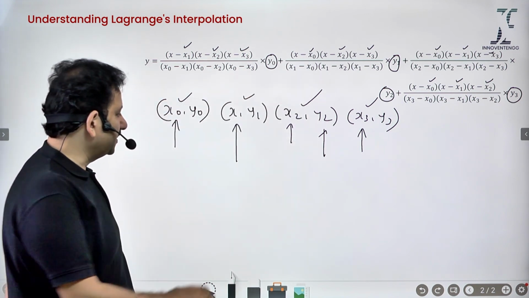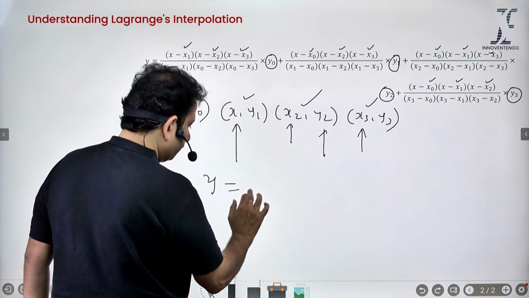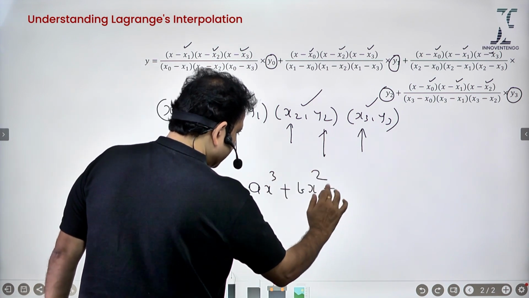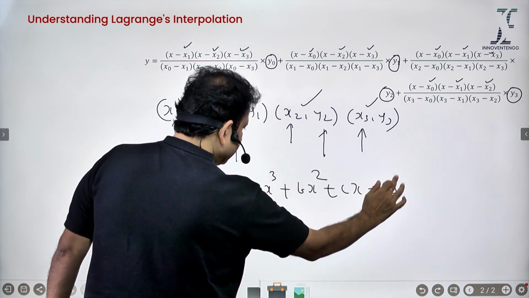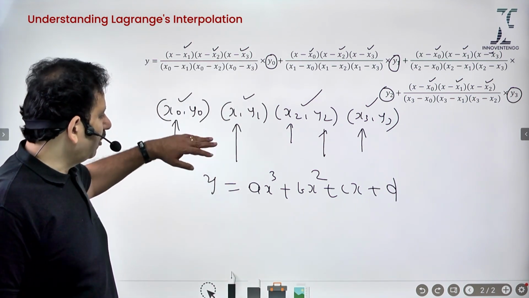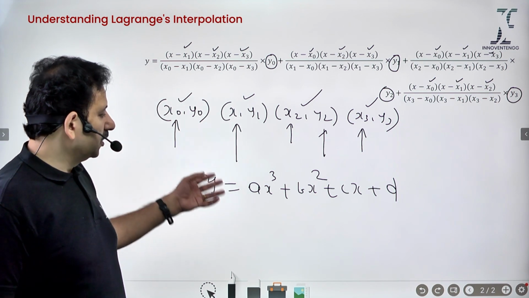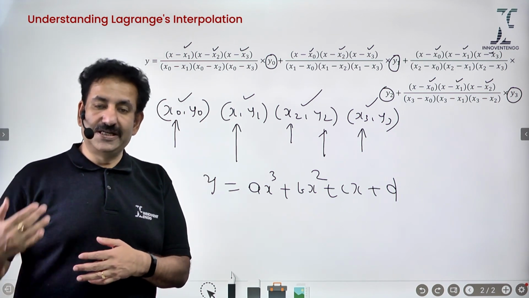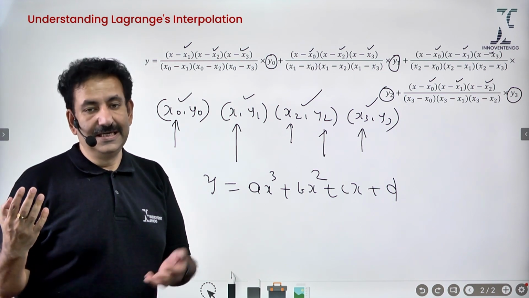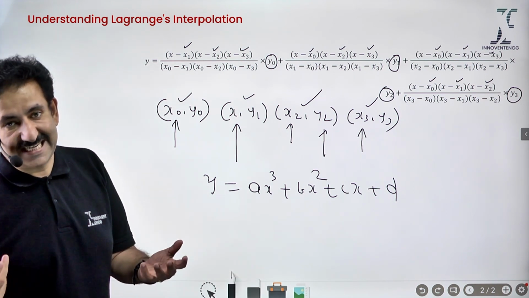It's a matter of common sense, because if I say y is equal to ax cube plus bx square plus cx plus d, how many constants do you need to determine to fit a cubic polynomial? 4. And how many points are you given? 4. So therefore, at the most you are going to deal with in a typical university exam is a cubic polynomial. If you're lucky, sometimes you may get a quadratic polynomial.